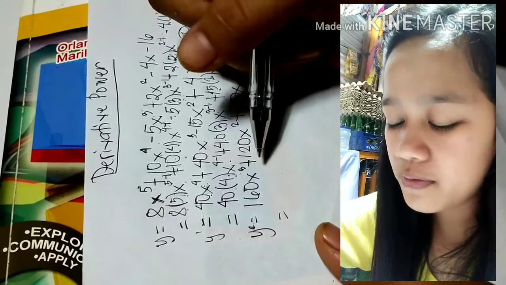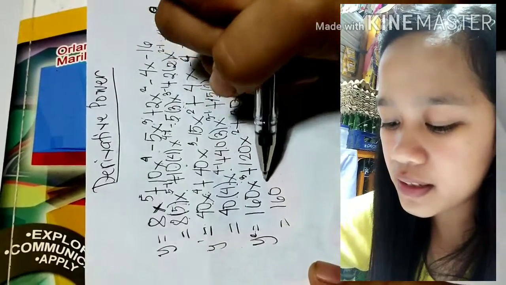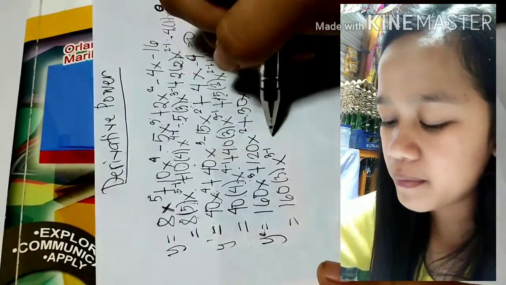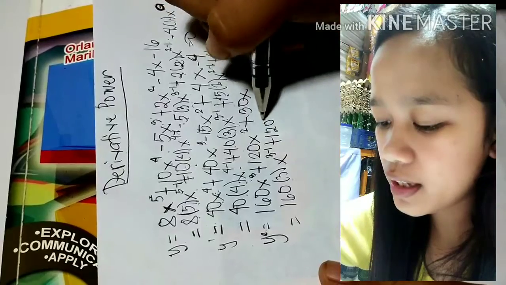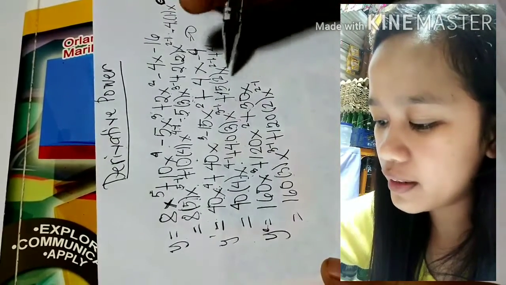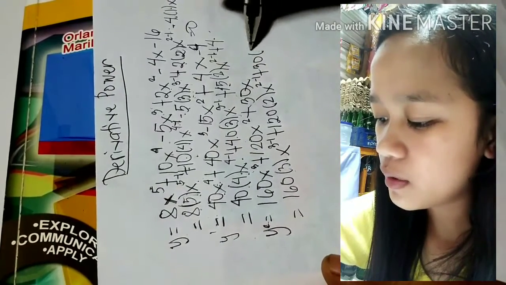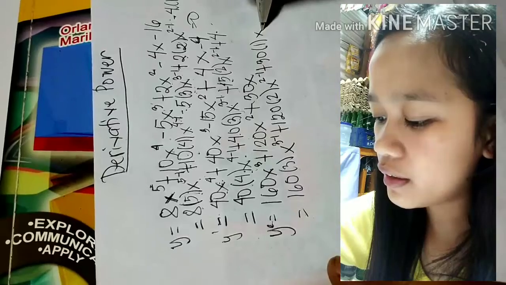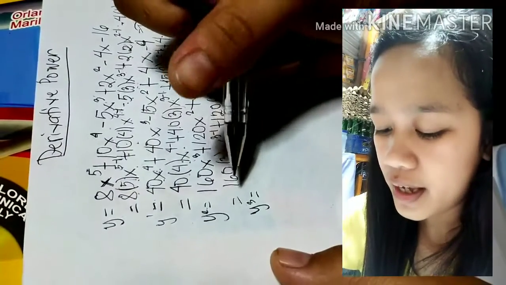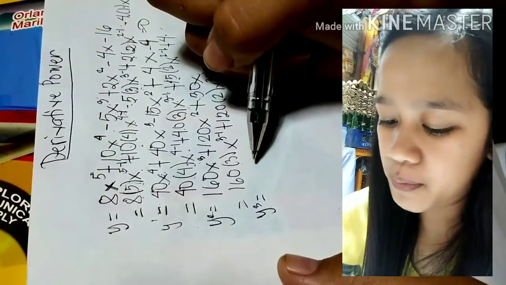And again, we'll find the derivatives of this. So 160 times 3, x cubed minus 1, plus 120 times 2, x squared minus 1, plus 30 times 1, x to the 1 minus 1. And again, we are going to multiply the numbers and subtract the exponent.